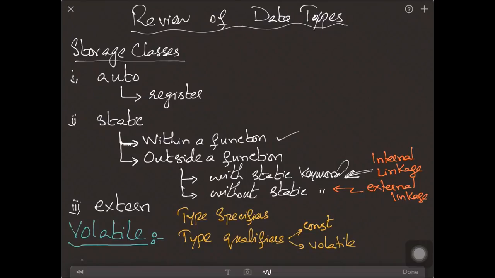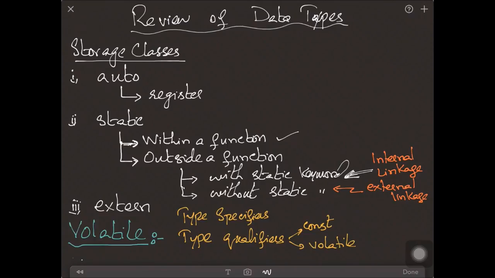Basically, type qualifiers indicate some special properties of the variables being declared. For example, const, which is very common, is a type qualifier that makes the variable to be placed in the read-only memory. And this increases the opportunities for optimization. The volatile qualifier tells the compiler that a variable value may be changed at any time by an external source outside the program.